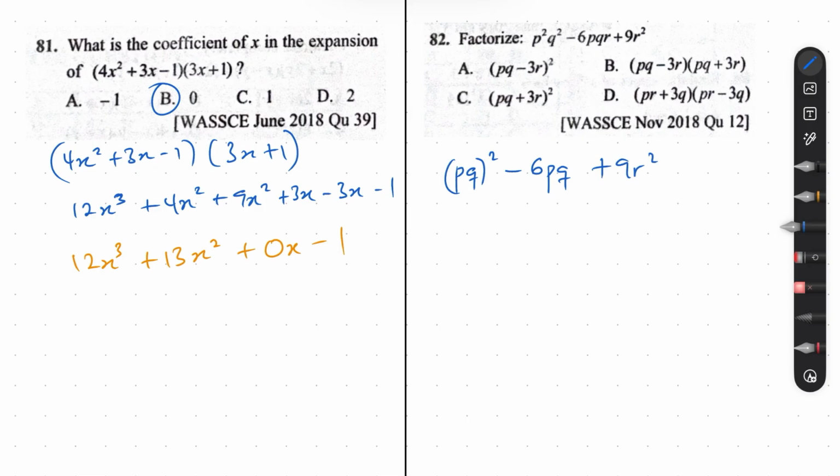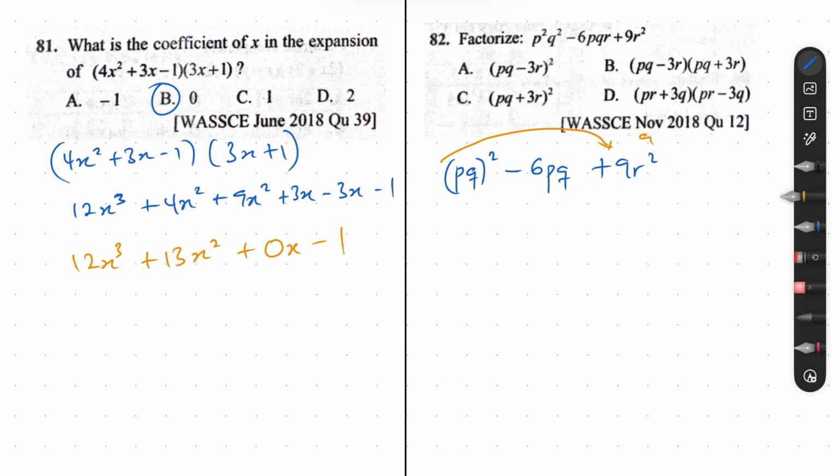So if we take this as a quadratic of PQ, then how do we solve this? We find the coefficient of PQ and then we multiply it by the constant, which is this one, okay? Cool. Now what we do here is the coefficient of this is 1, right? Times 9, which is 9.